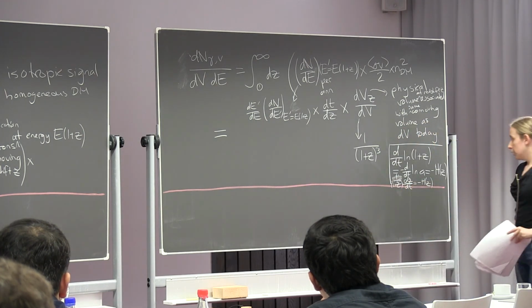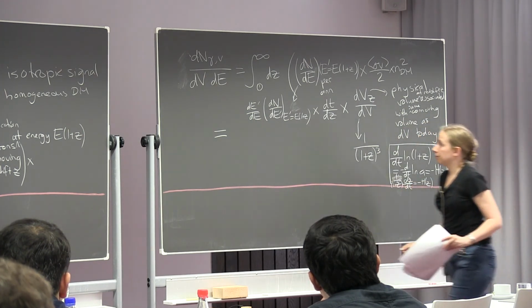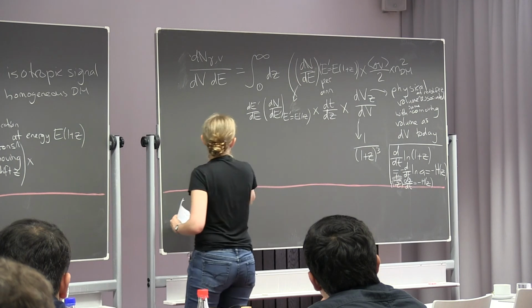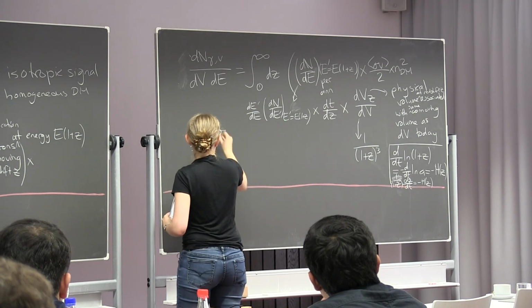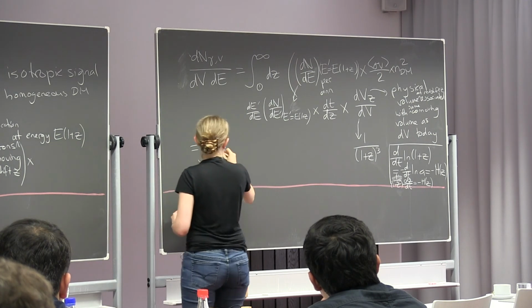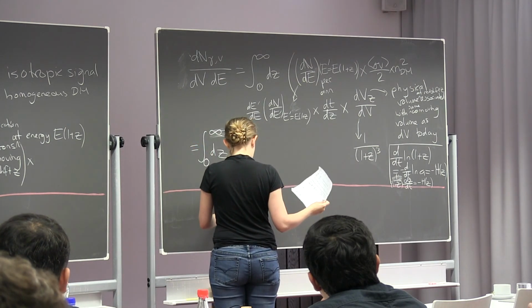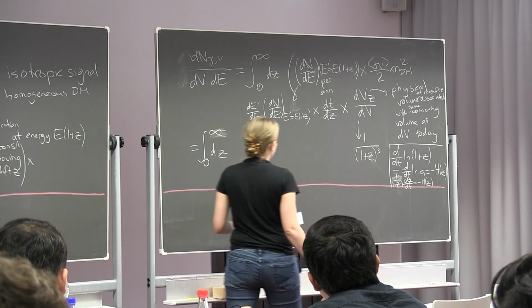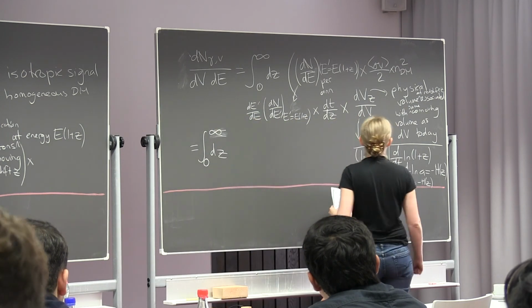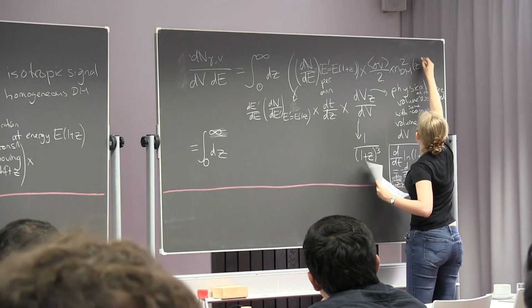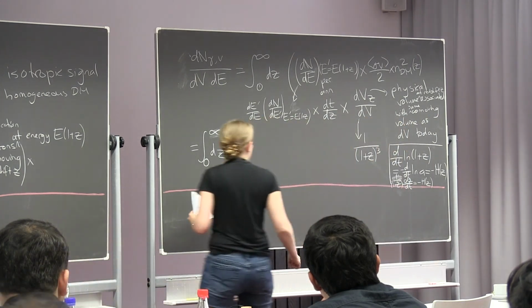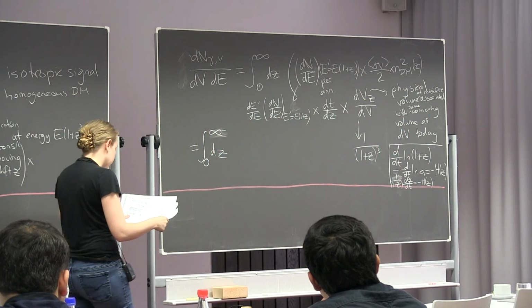So putting this all together, also this is n dark matter at that high redshift z.